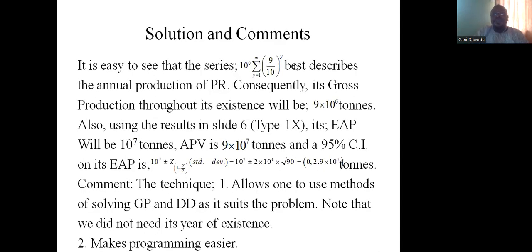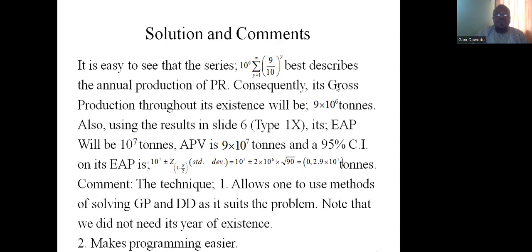You would find this tasking if you are not fully aware of the technique of this method. You will notice that it is very easy to see that this will be the series that describes the production pattern of the annual production series for the robot.